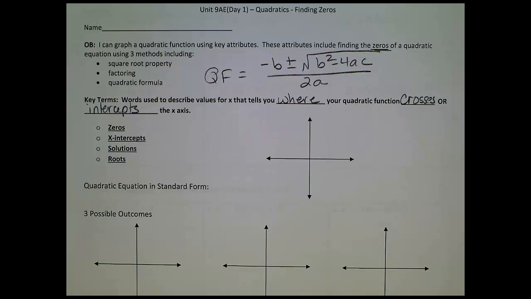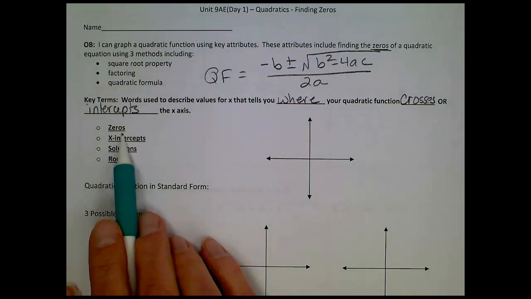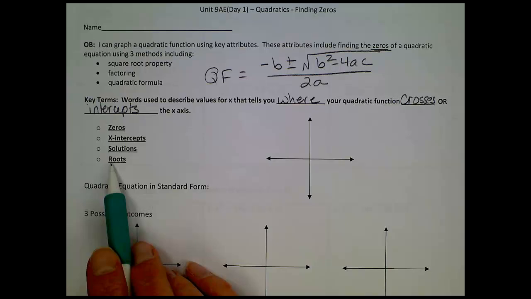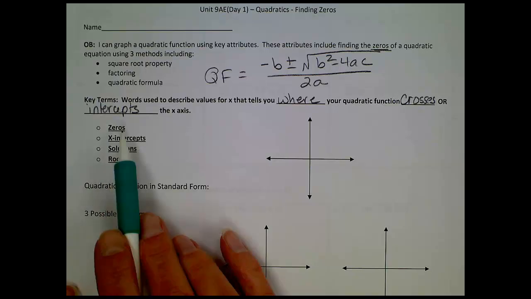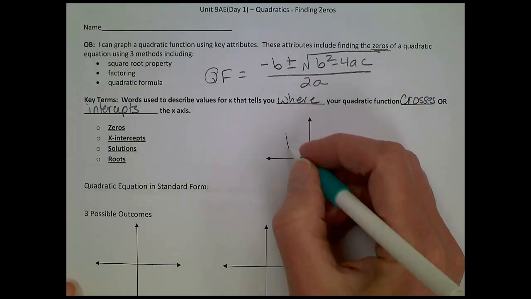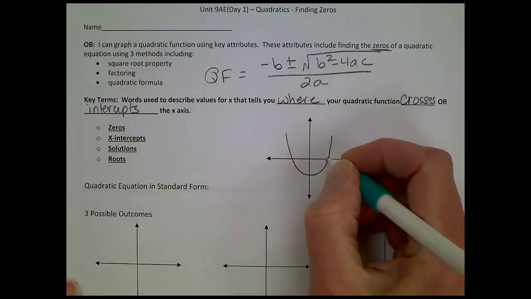Now there's a lot of different ways they may ask you to do this process, so it's going to be helpful if you can identify all of them. They may say find the zeros, they may say find x-intercepts, what are the solutions for, or what are the roots of this equation. All of those are asking you to find where your parabola crosses the x-axis.